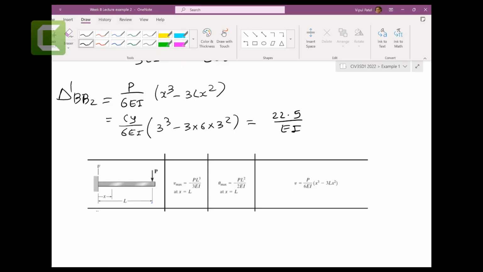Now there is one simple law, what is that called? Betti's law. Let me find the name. Structural analysis. What is Betti's law going to tell us?